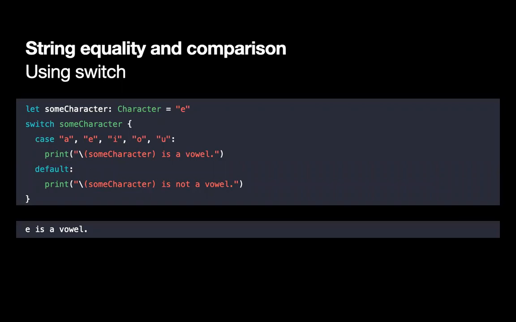Now we have used switch someCharacter, case a, e, i, o, u. 5 cases are there. Print that someCharacter is a vowel, or default, it prints someCharacter is not a vowel. Now we know that e is a vowel, so it will be printed as a vowel.